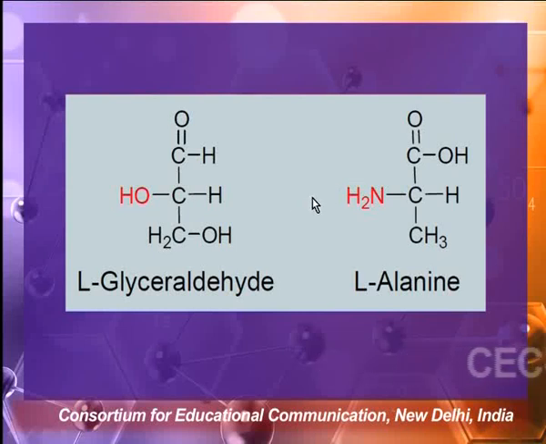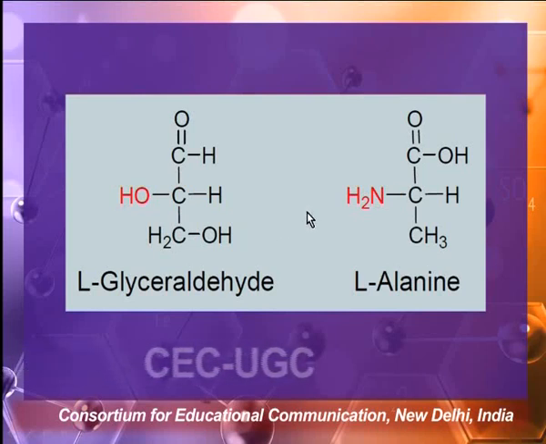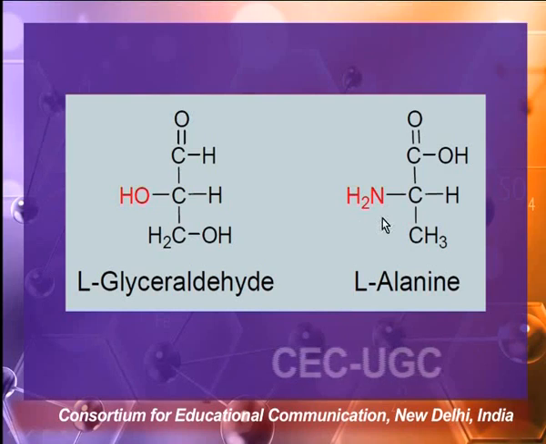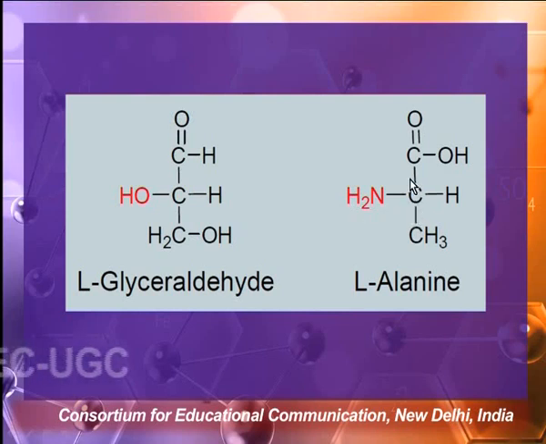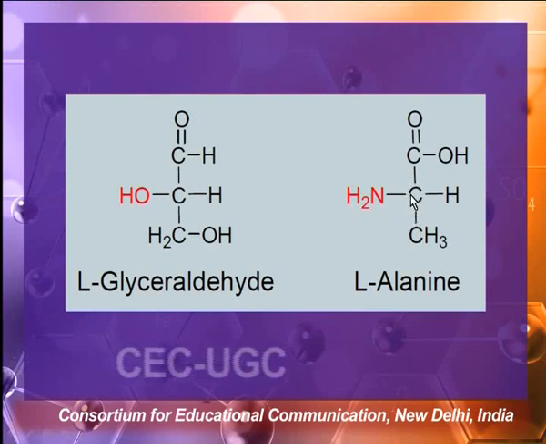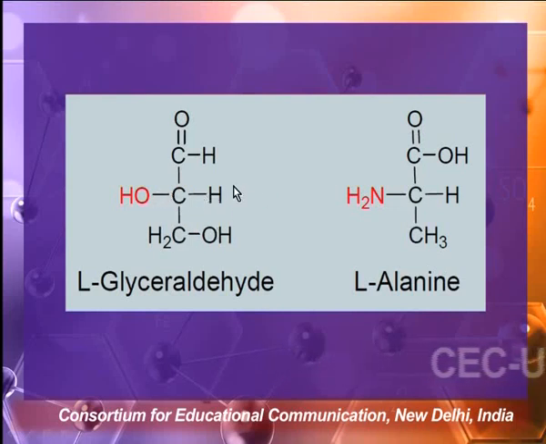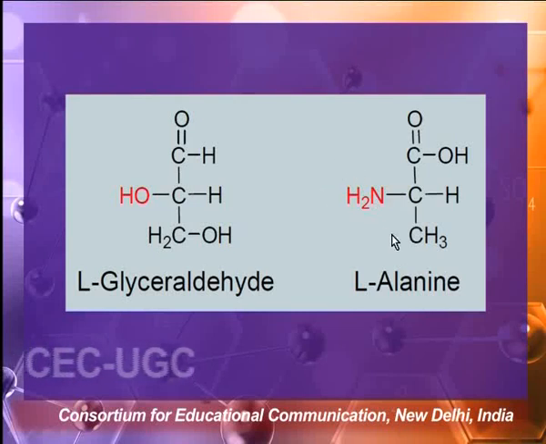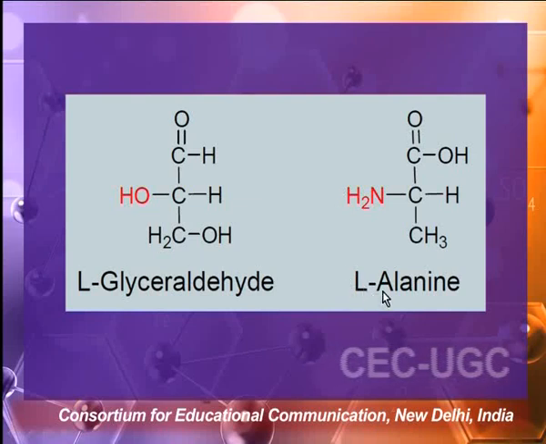Now we can modify the definition for capital D and capital L slightly, and say that a molecule will have a capital L configuration if the highest numbered asymmetric carbon is attached to an OH group, as in glyceraldehyde, or is attached to an electronegative group, as in alanine.